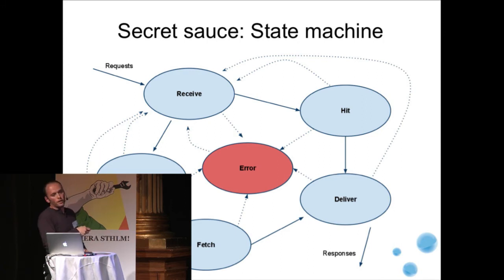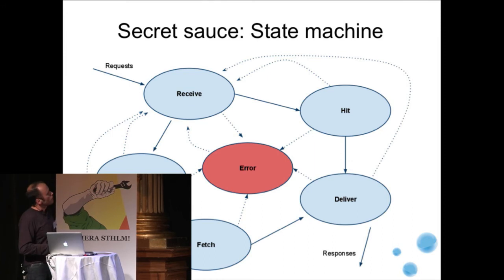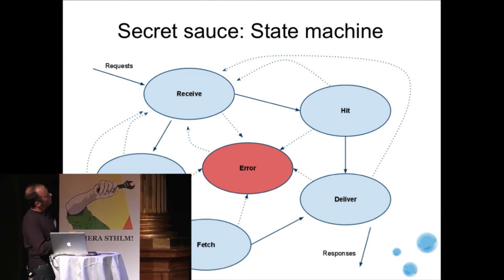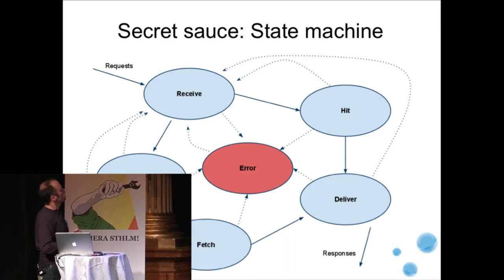We can test for things like that after we fetched the document, and if it is empty, we can try to refetch it. The dotted paths here are the usual ways you can jump. After you fetch the object, you can also restart the whole transaction and start processing the request anew.